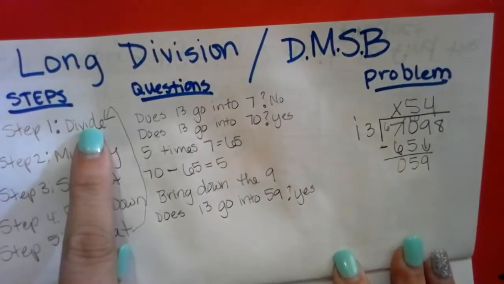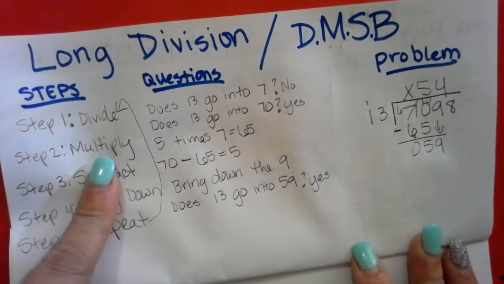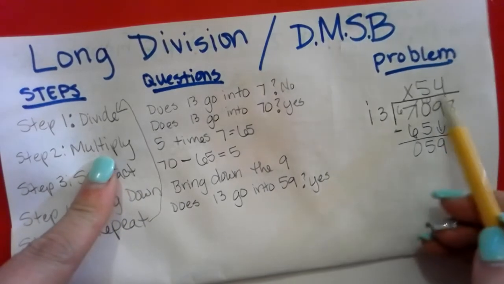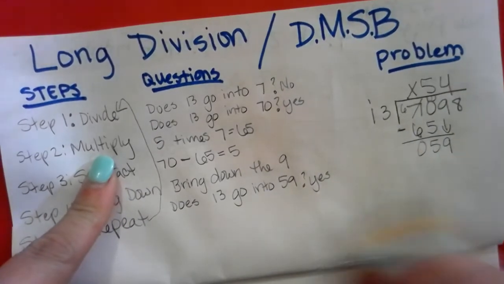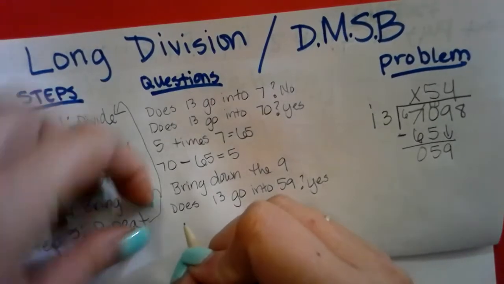Okay, so now after I divide, I'm going to multiply. What am I multiplying? I'm multiplying this 4 times 13.